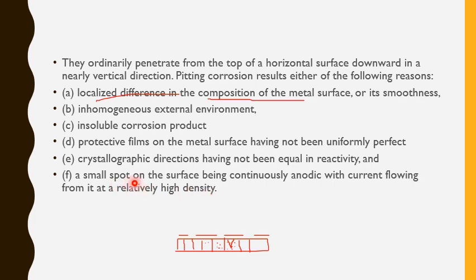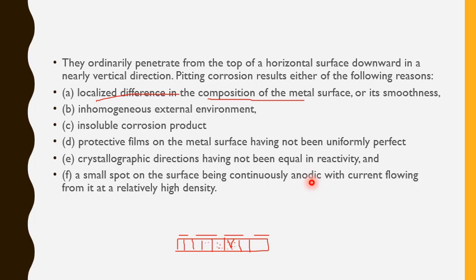At the surface there is a small spot which acts as anode, where a metal may be present which has high oxidation potential, so it will behave as anode, and other part of metal will behave as cathode.